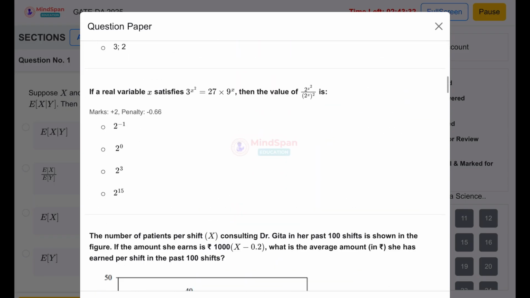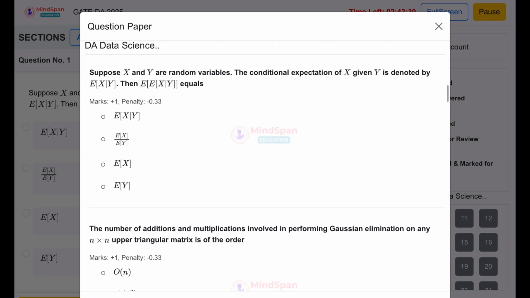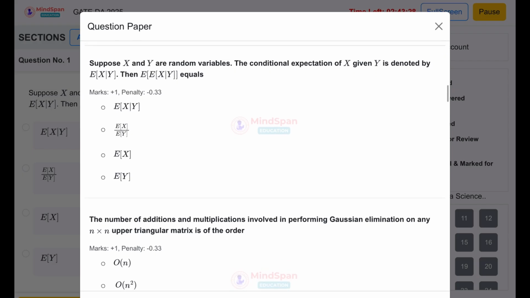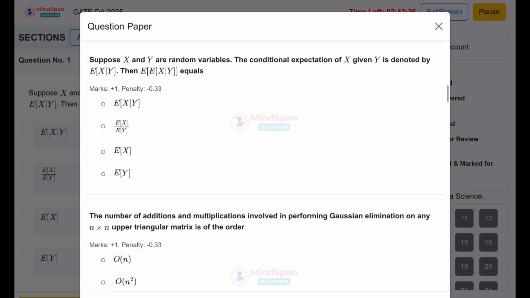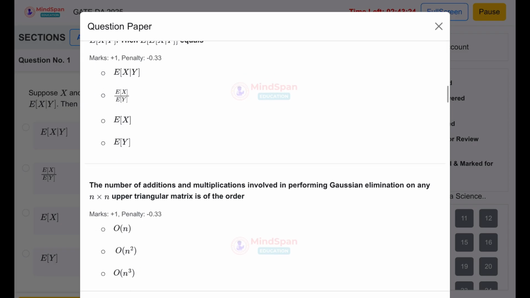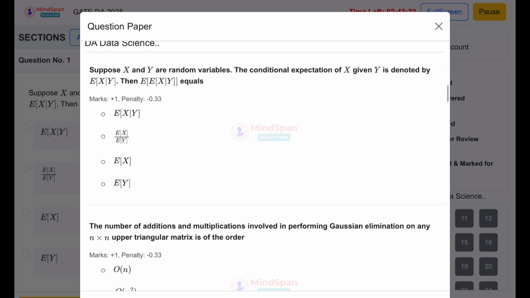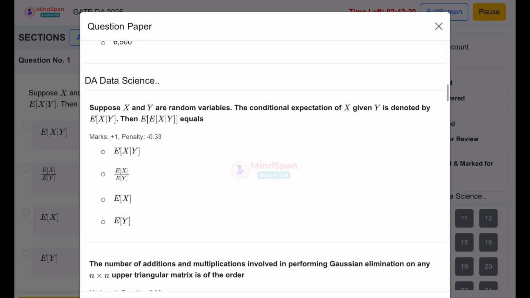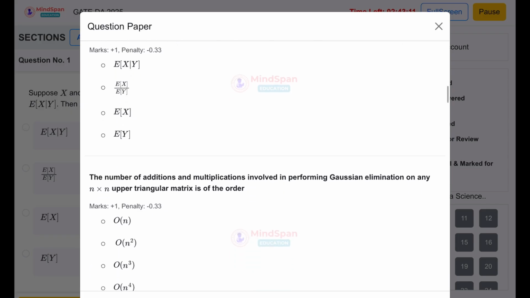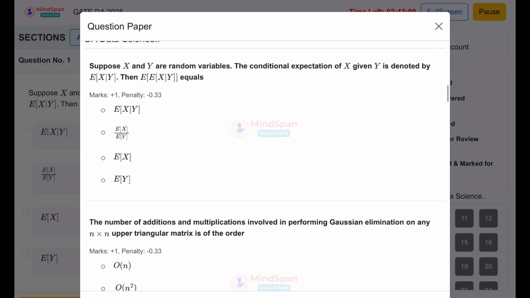I think I should pick them one by one and start solving them. That would be a good idea, right? So let's start with this first question, which is based on iterative expectation, and let's pick one by one and try to solve all those questions.